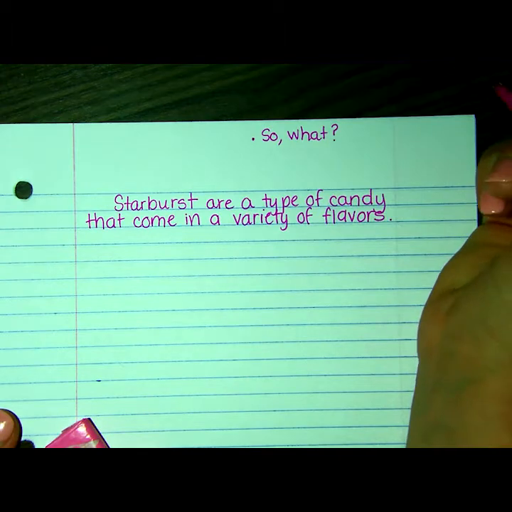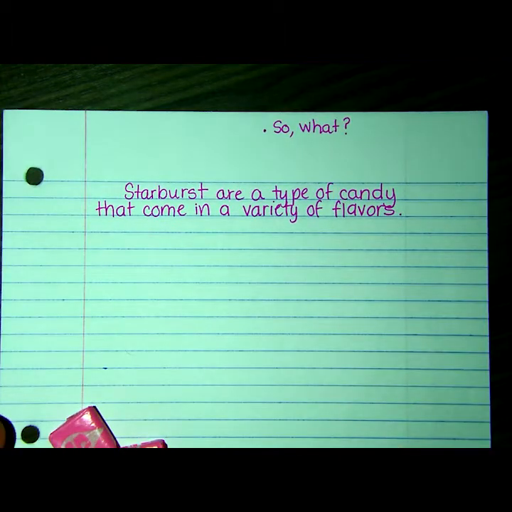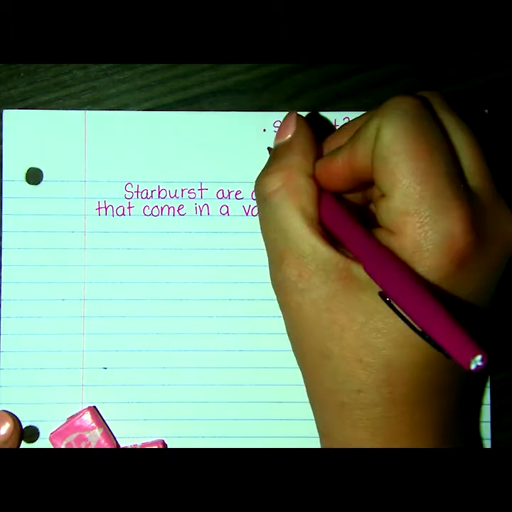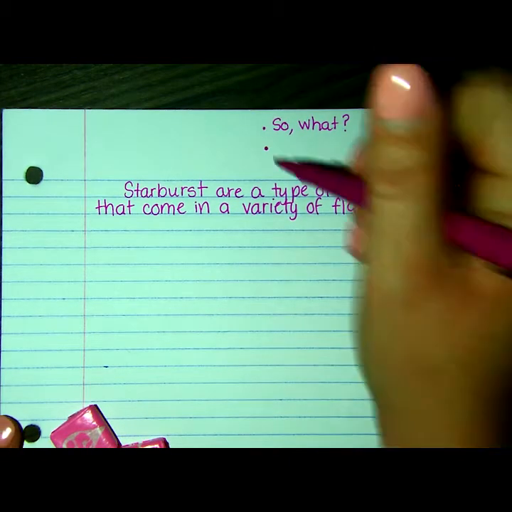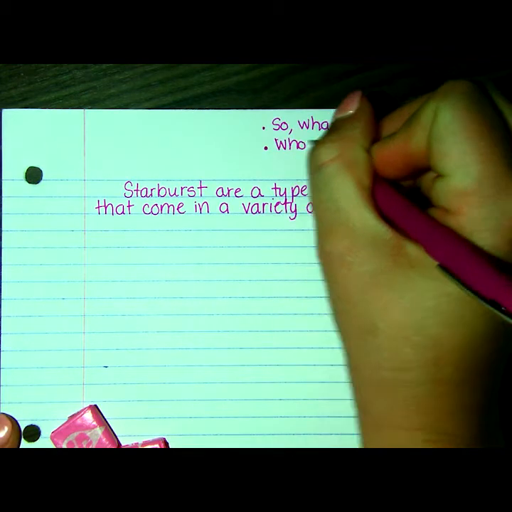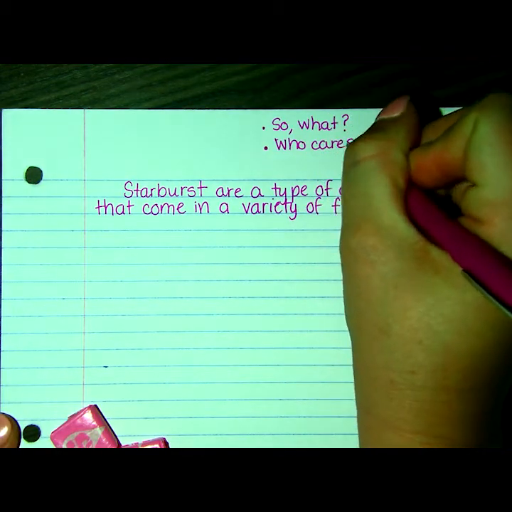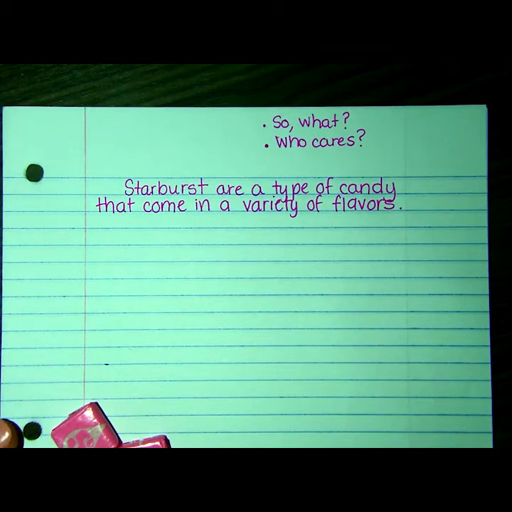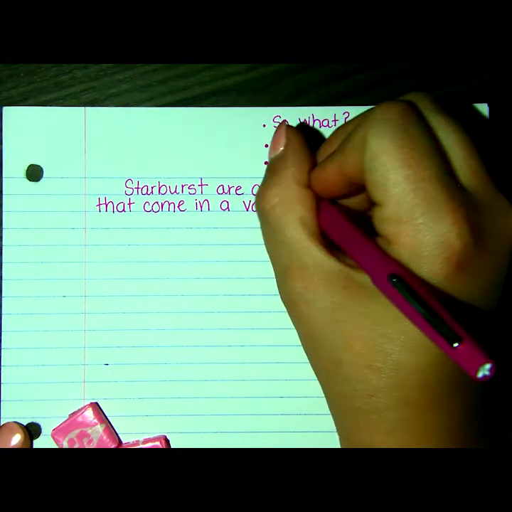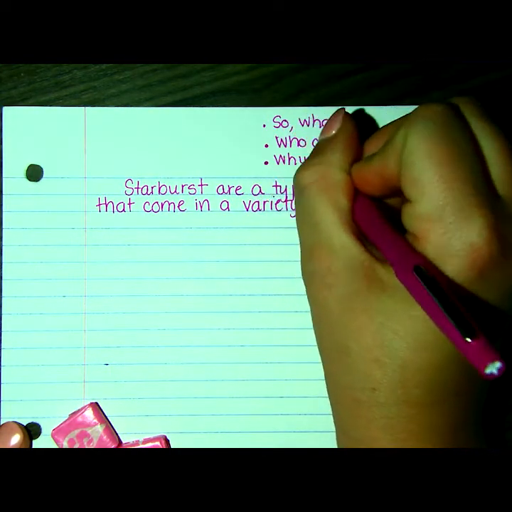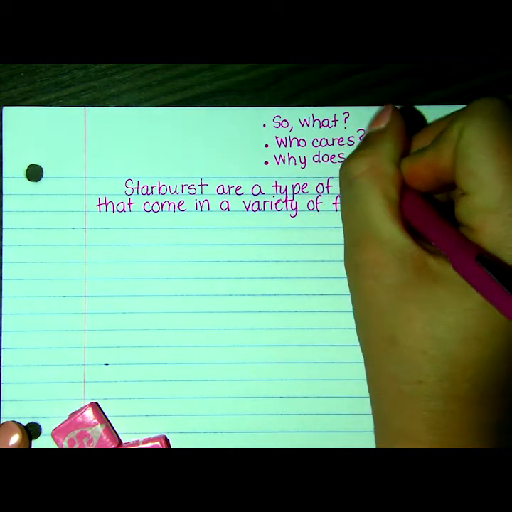Okay, so what? What does that mean? As in, why is this important? What about this question? Who cares? Who's going to care about this? What about this one? Why does this even matter?